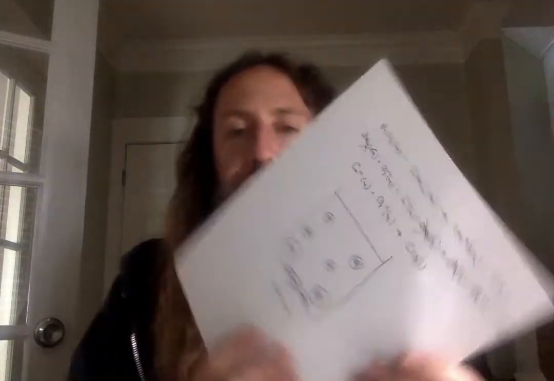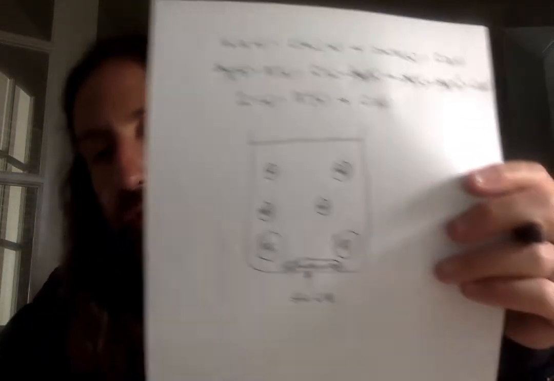So I got an NO3-, Na+, NO3-, NO3-. Got my precipitate down there, that's my solid CaCO3. Okay, so this is what's given to us.